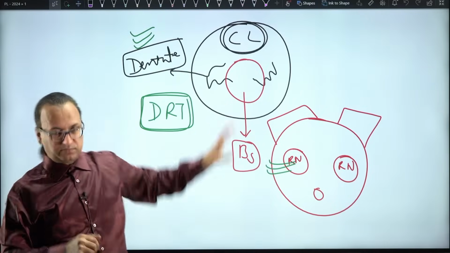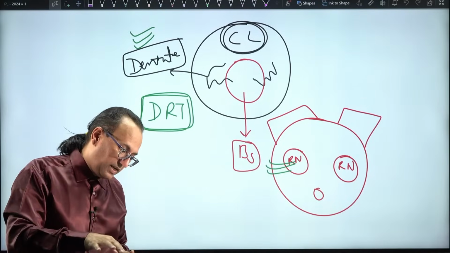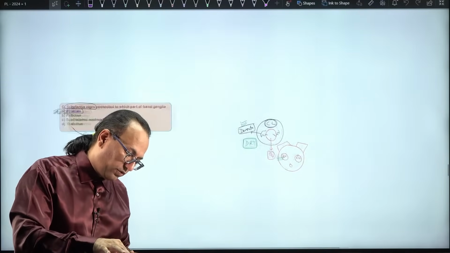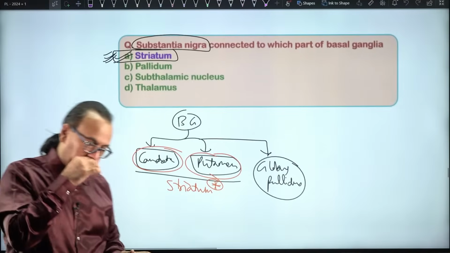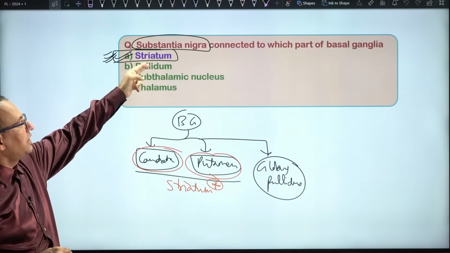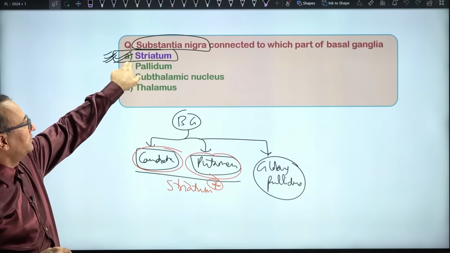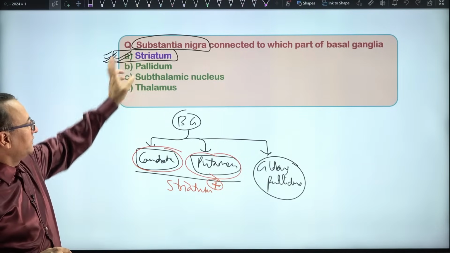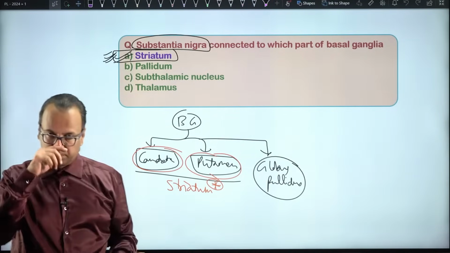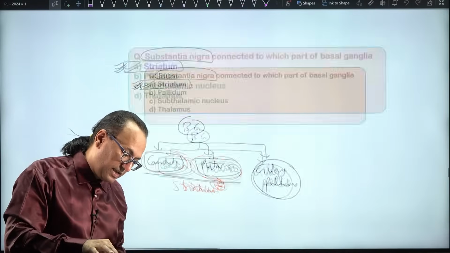But if it was the same question which I showed, then striatum should be the answer: the nigrostriatal pathway, which can be compromised in Parkinson's disease.